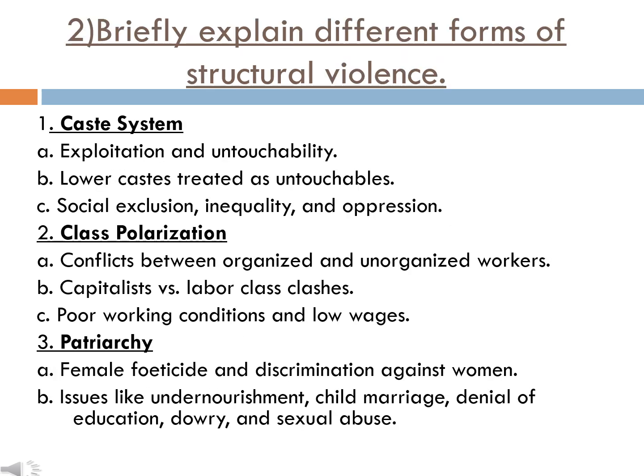Second question, briefly explain different forms of structural violence. First one, the caste system, the exploitation and untouchability. Second, class polarization, the conflicts between organized and unorganized workers, capitalist versus labor class. Thirdly, patriarchy, the female feticide, the discrimination against women, child marriage, dowry, sexual abuse.